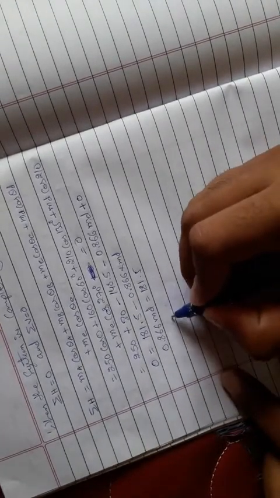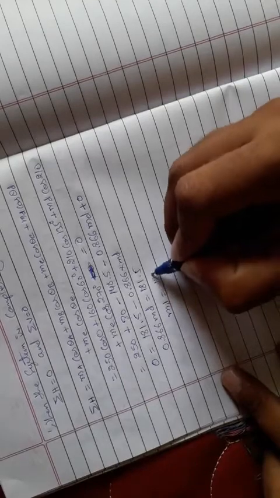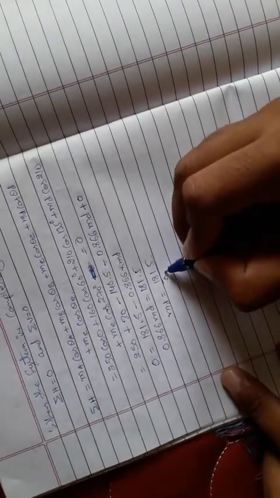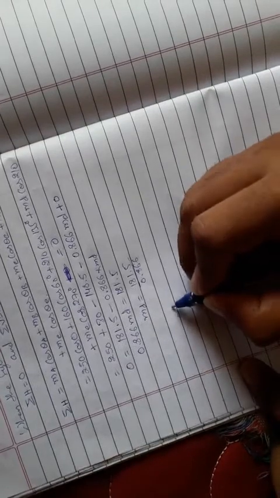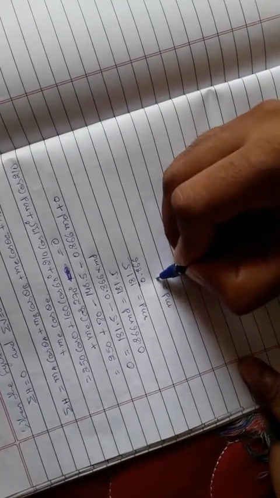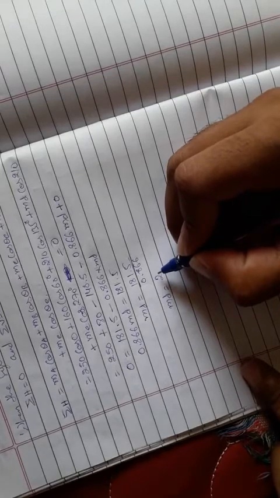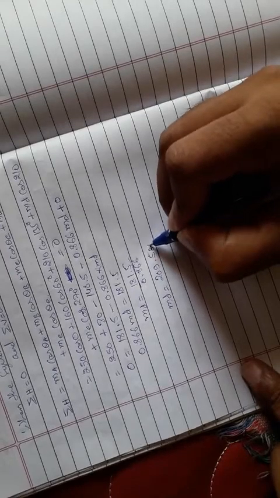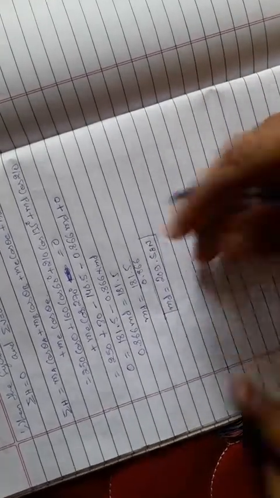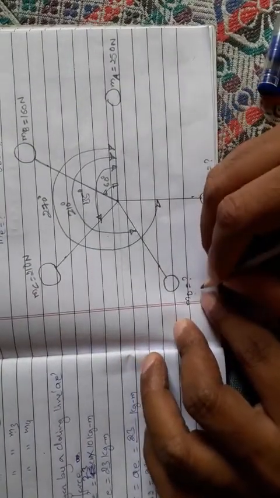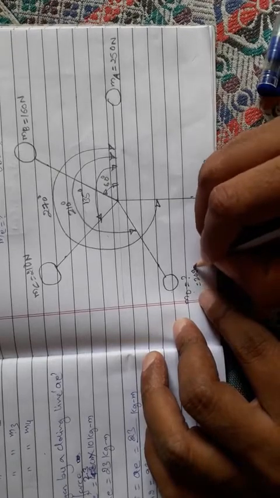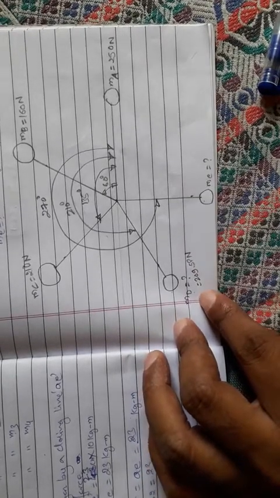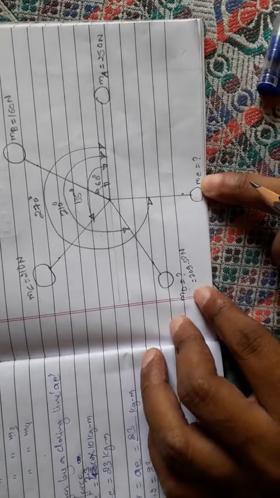So MD equals 181.5 divided by 0.866. Calculating with the scientific calculator, we get the value MD equal to 209.58 Newton. Similarly, it is required to calculate ME.